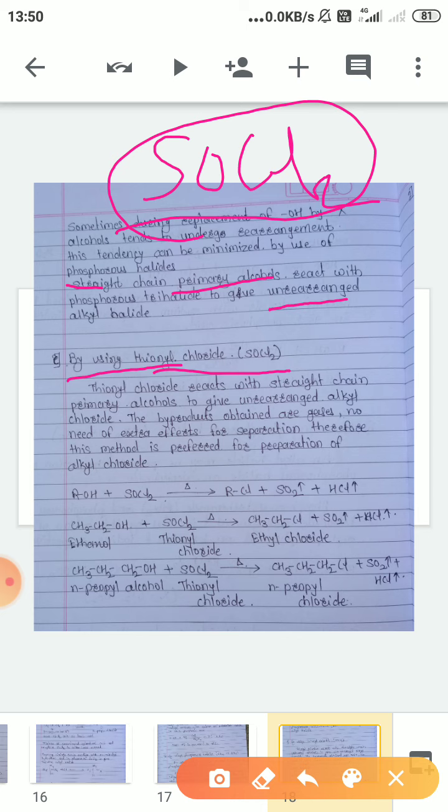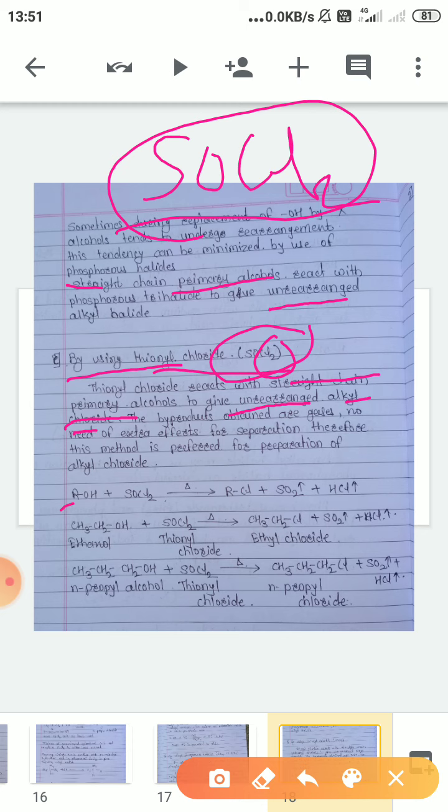Therefore, don't forget the formula of thionyl chloride. Thionyl chloride reacts with straight chain primary alcohols to give unrearranged alkyl chlorides. Thionyl chloride is specifically for alkyl chlorides.